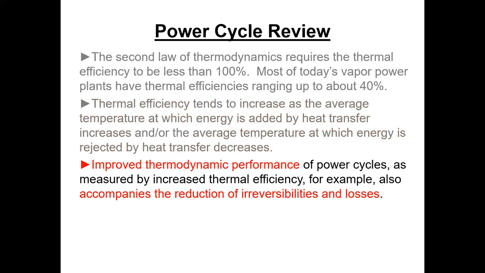Okay, another way to think about improving thermodynamic performance of power cycles, as measured by increased thermal efficiency, would happen if we could reduce irreversibilities and losses. So if we insulated better and lost less heat from the piping and the turbine and the shell of the boiler, we'd have better performance.